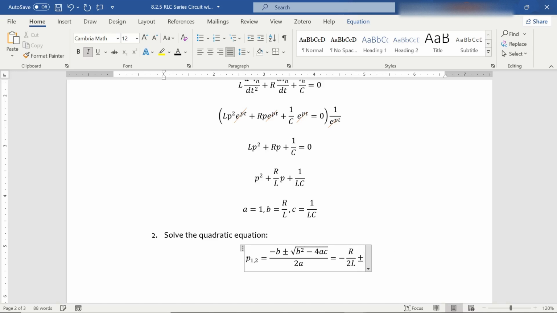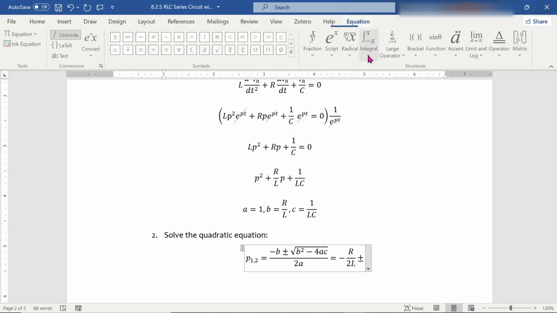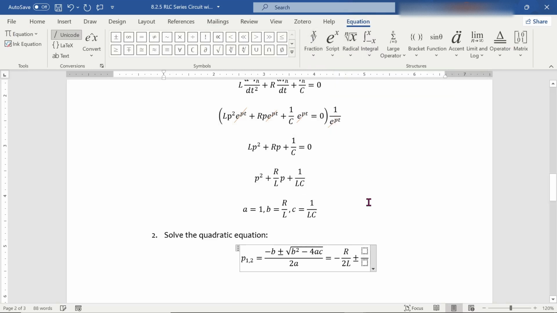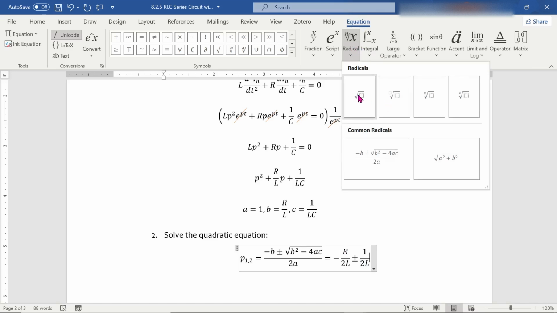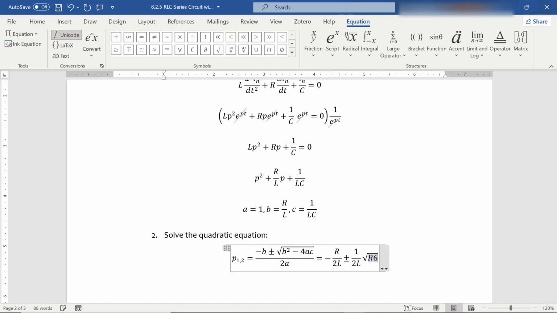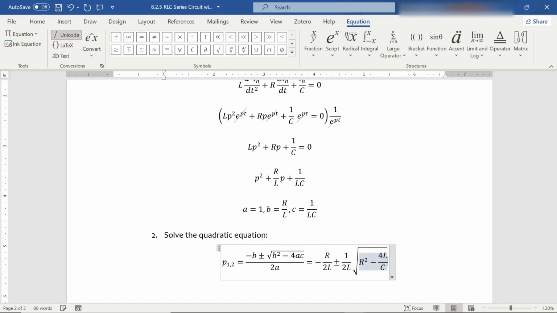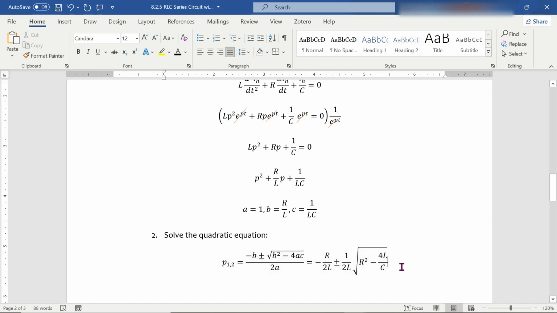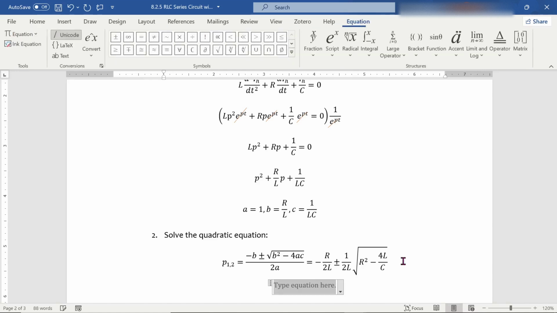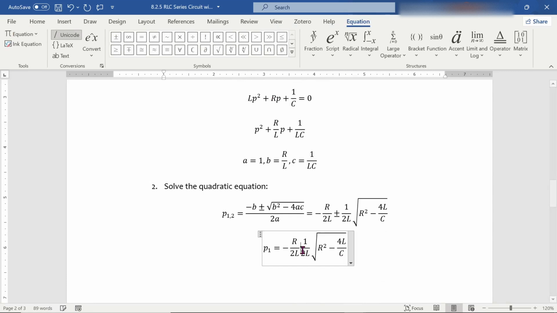Plus minus 1 over 2L times the square root of R squared minus 4L over C. So we have here the two roots, which means that we have p1 equals the plus.